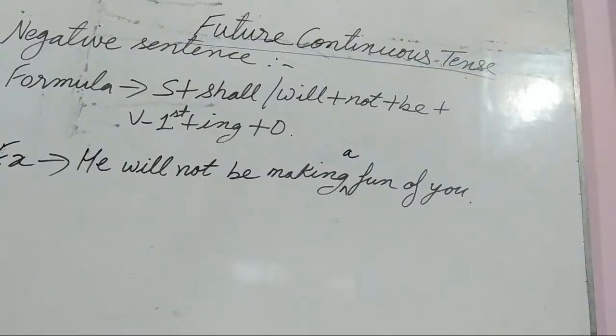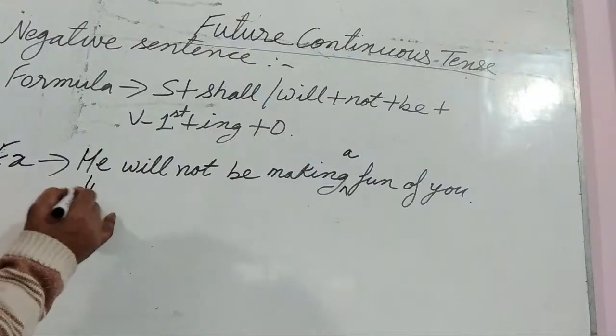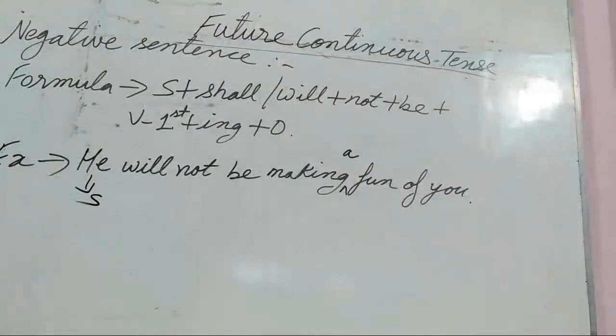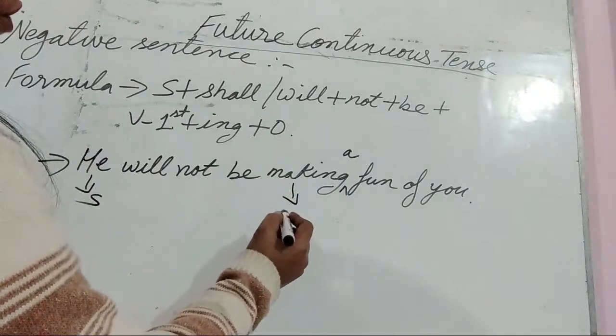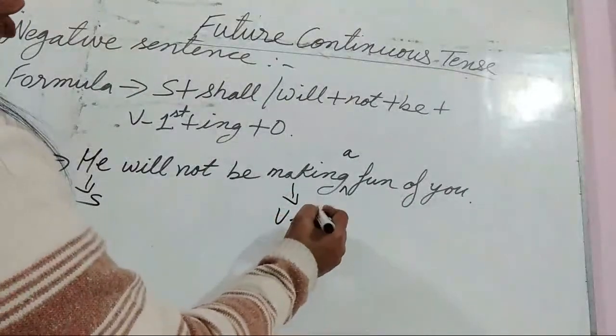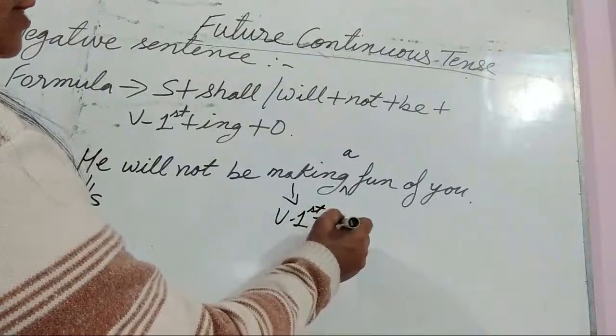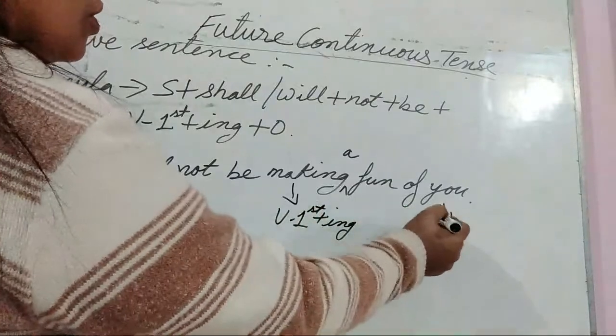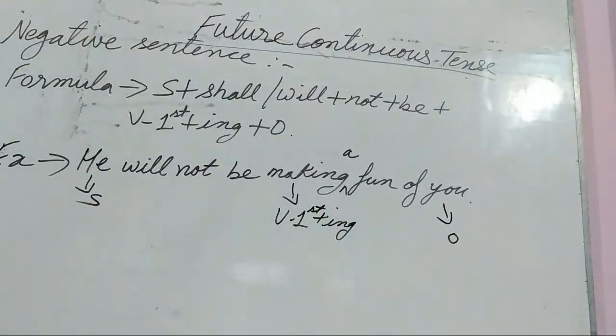According to the formula you can see, he is your subject, will as it is a future tense, not as it is a negative sentence. Be making is your verb of first form plus ing, and you is your object. So according to the formula, he will not be making fun of you.